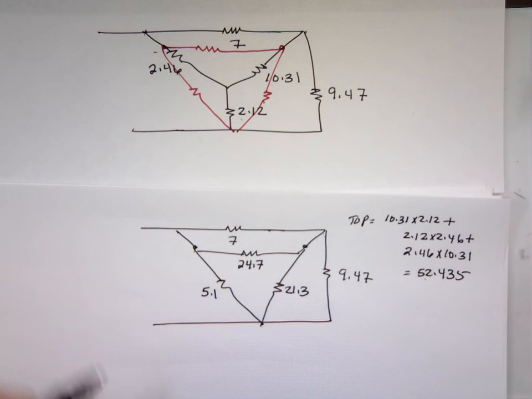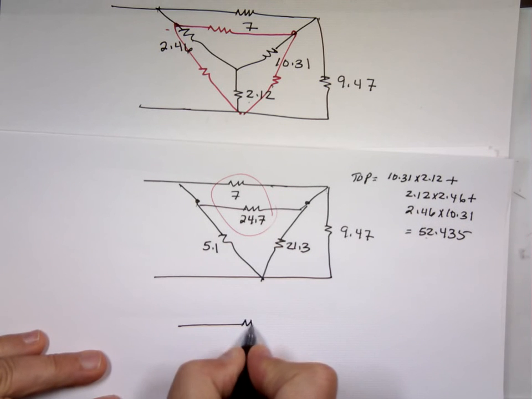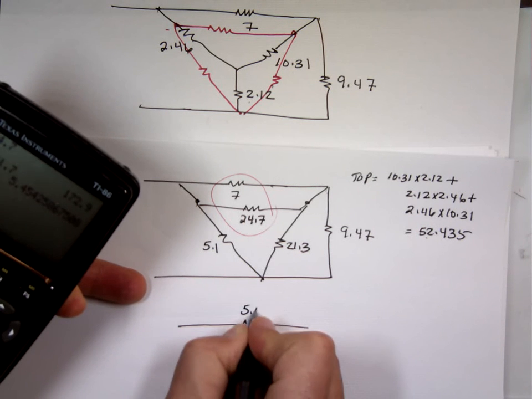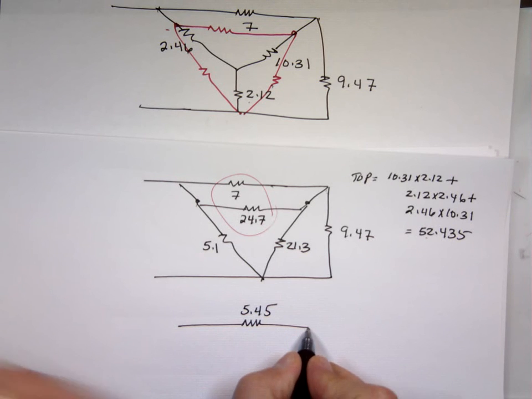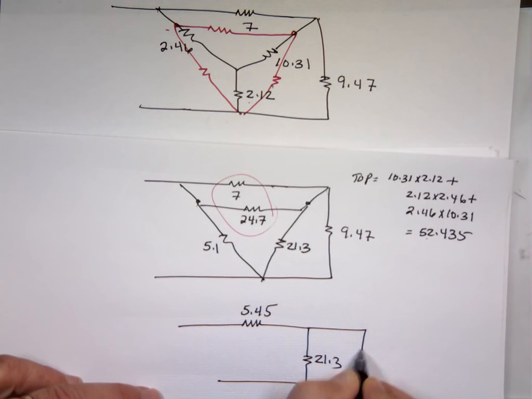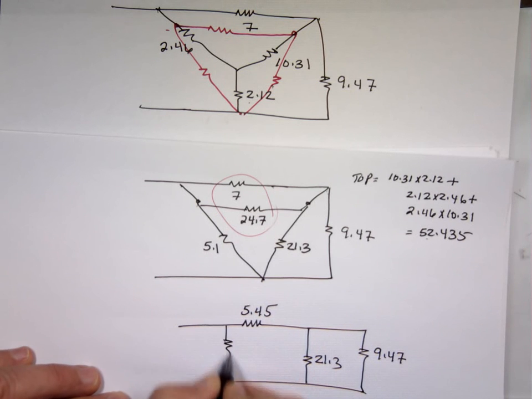Notice these two in parallel, the product over the sum. 7 times 24.7 divided by the sum, which is what, 31.7? 5.45. Then 21.3, 9.47, 5.1.